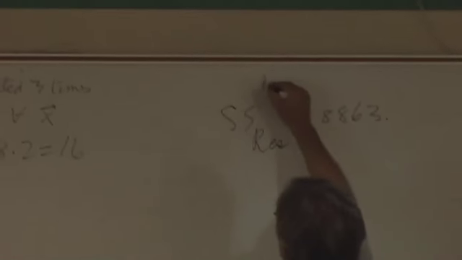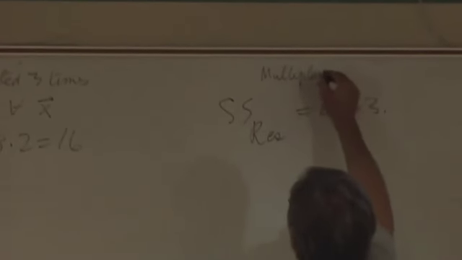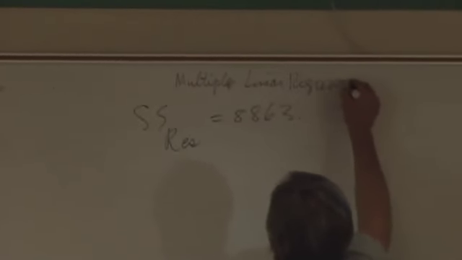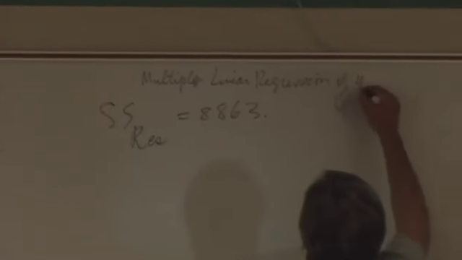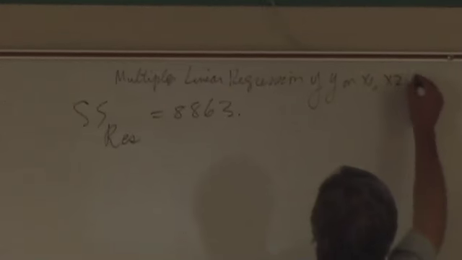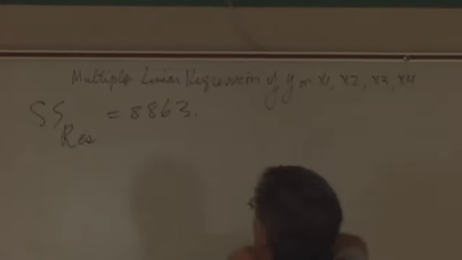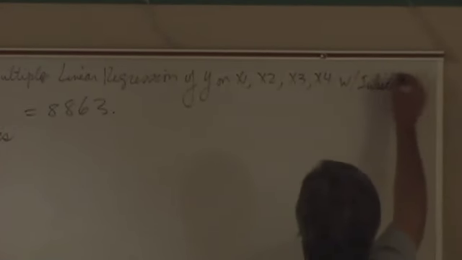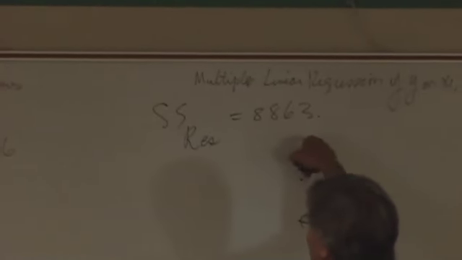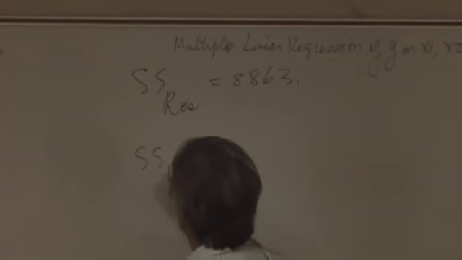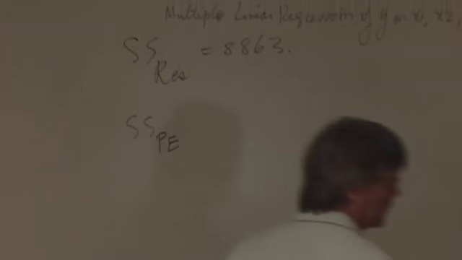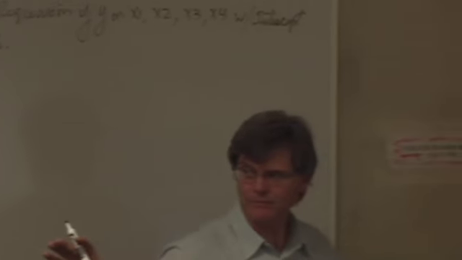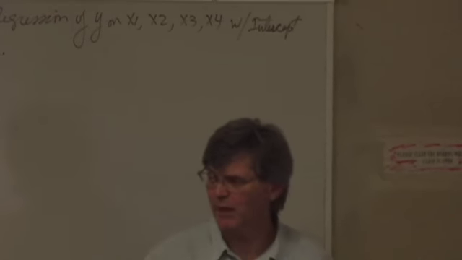Multiple linear regression of y on x1, x2, x3, and x4 with intercept gave SS res equal 8863. What's SS pure error equal to? And how many degrees of freedom did that have? There were 5 parameters, right? Beta 0 through beta 4. Therefore, how many degrees of freedom? 24 minus 5 is 19 degrees of freedom.